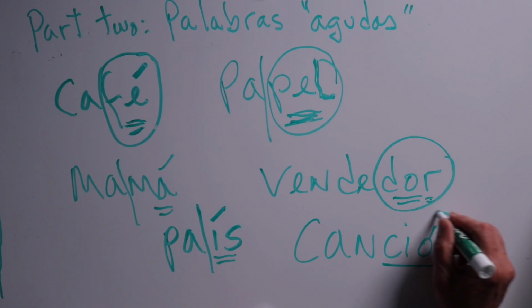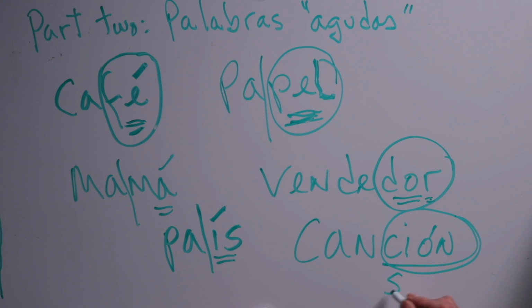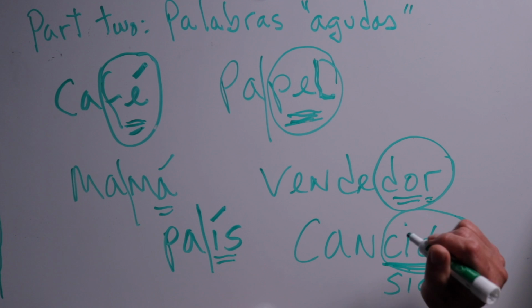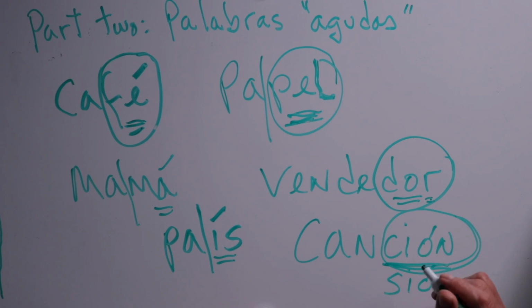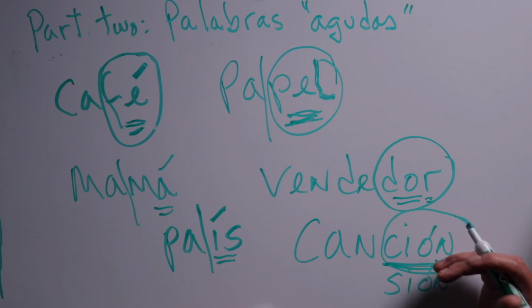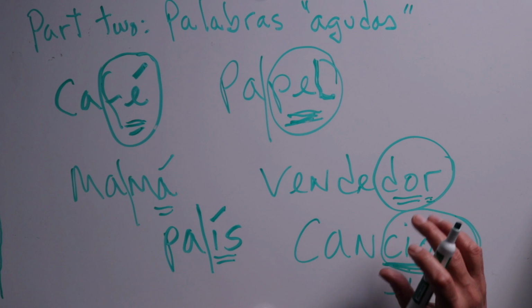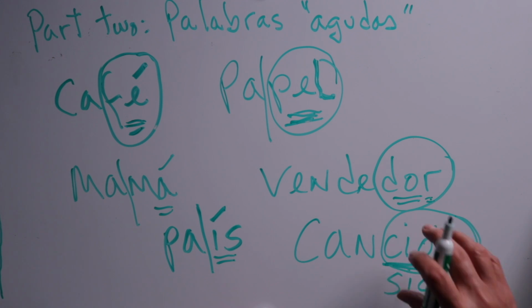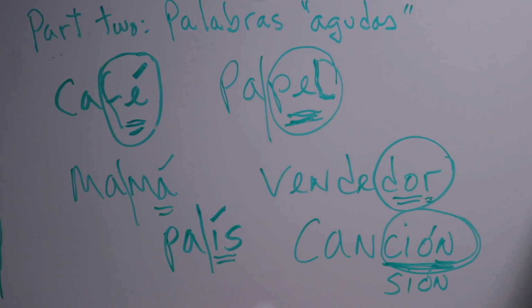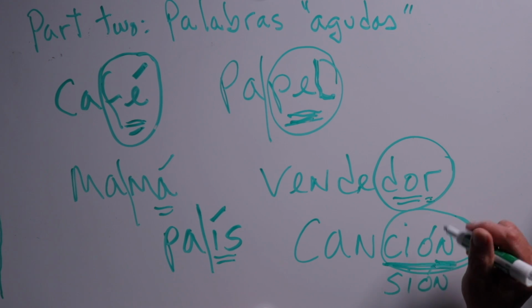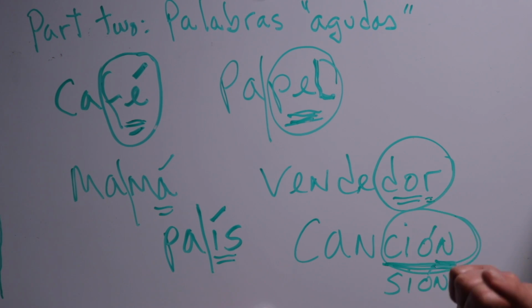All the words ending in ción or sión, right, carry acento. Why? Because these are palabras agudas ending in N, right? So the word canción carries acento because, first of all, it's a palabra aguda, meaning that it carries the acento in the last syllable. Second thing is that it ends in the consonant N. And if ending in N, S, or a vowel, I have to write down the acento.